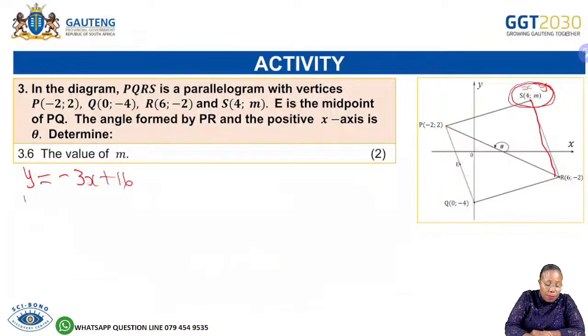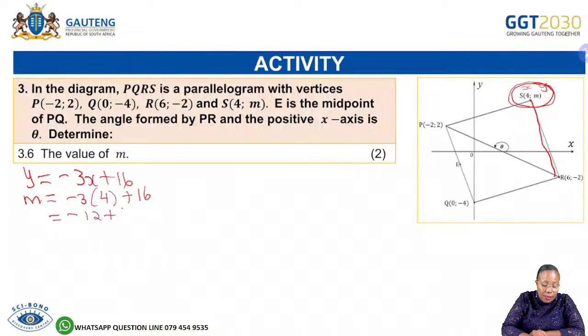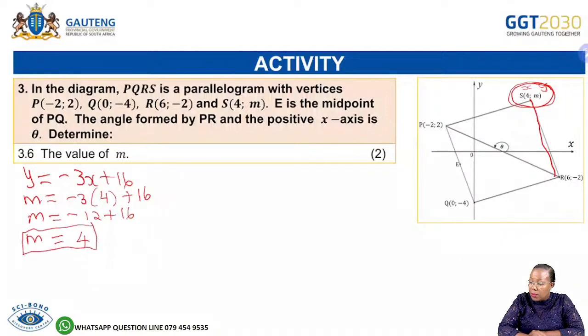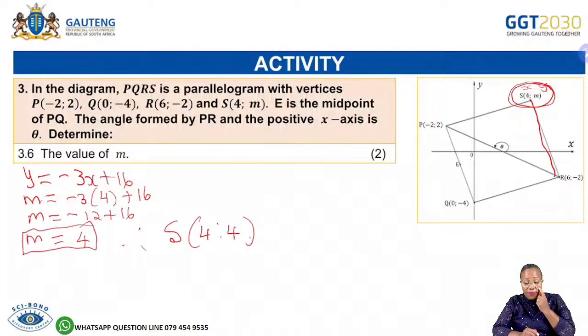So our y will be m, and the x value will be 4, and then plus 16 there. And then -3 times 4 is -12, plus 16. Therefore, the value of m will be equal to 16 - 12, which is 4. So m is equal to 4. Therefore, the coordinate of S will be (4; 4). Happy, grade 12? As easy as that.